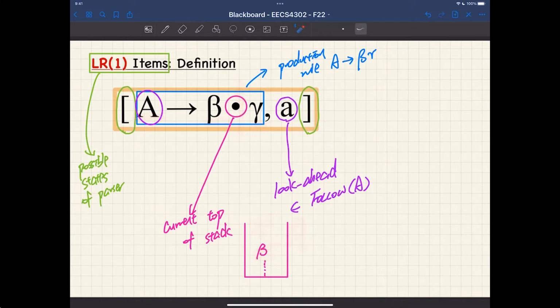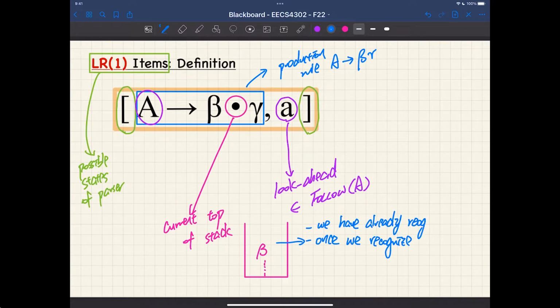All right, let me write it down. That's how you can understand this notation, because we need to worry about how this dot may float in different positions to represent different states. Let me say two things. Number one, we have already recognized beta, because it's the top of the stack.